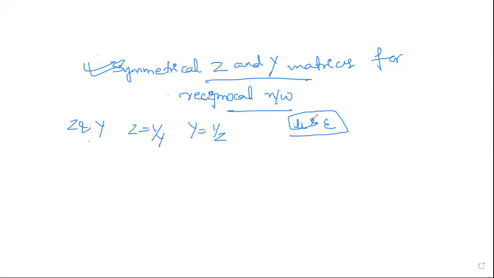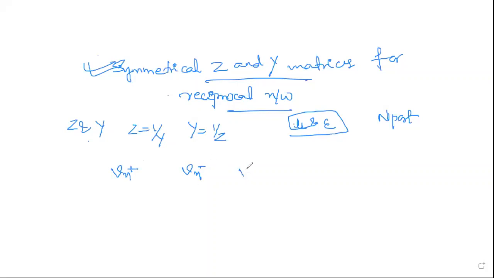So for a multi-port network, when I say multi-port, it is an n-port network. You have to assume now the amplitude of the incoming wave, that is the amplitude of the incident wave, let it be Vn plus, and similarly the amplitude of the reflected wave, let it be Vn minus.